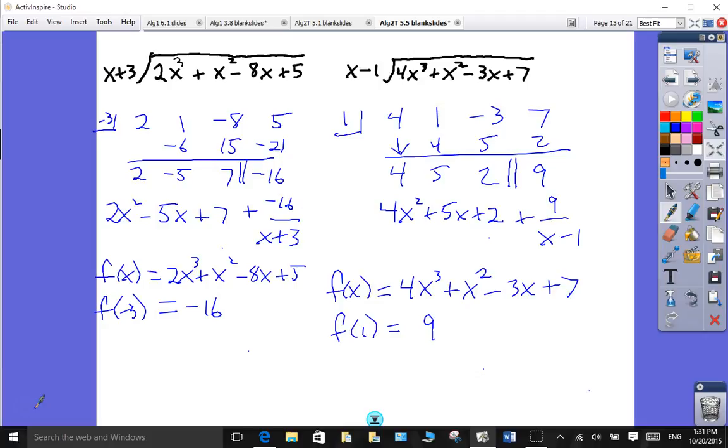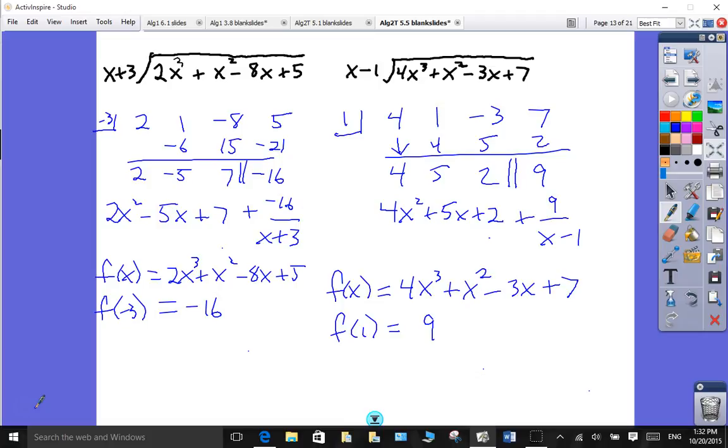Okay, I'm going to explain this now. There is a theorem called the remainder theorem, which tells you that if f of x equals the dividend, the thing that was underneath, and you do synthetic division with the number there, in this case negative 3, then f of negative 3 is whatever the remainder is.